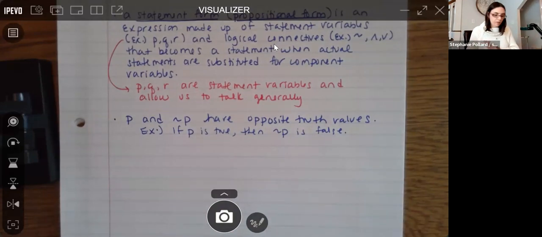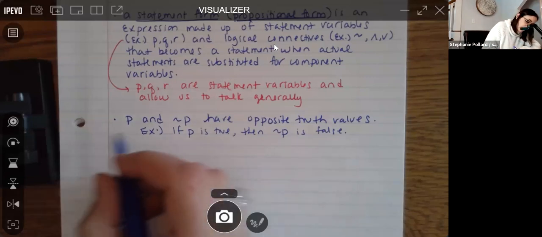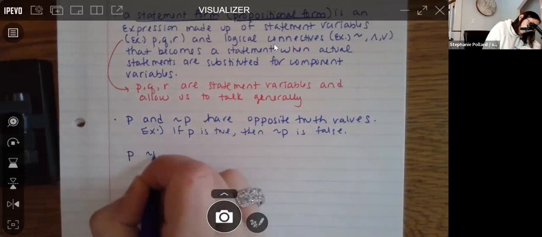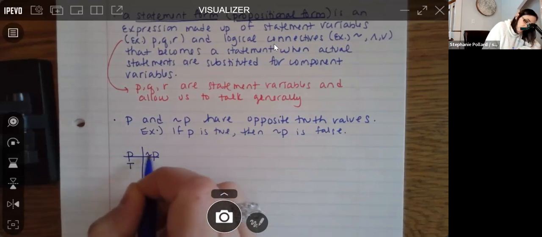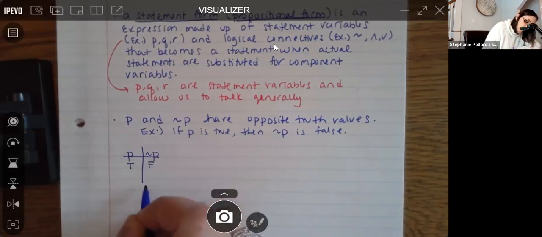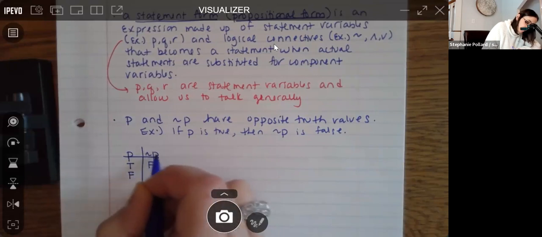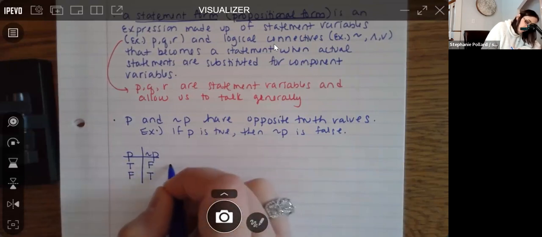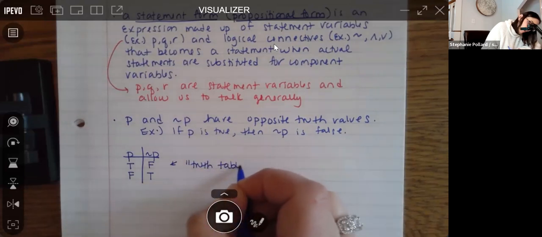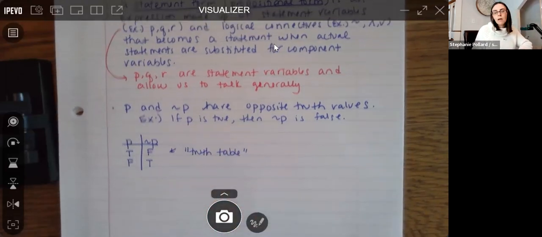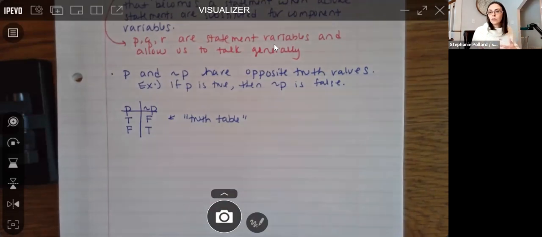It would be the opposite of it. And we can write this like this. If P is true, not P would be false, or if P was false, then not P would be true. And this right here is actually called a truth table. It's a way for us to organize what statements are true, what statements are false, and follow the logic along the way.